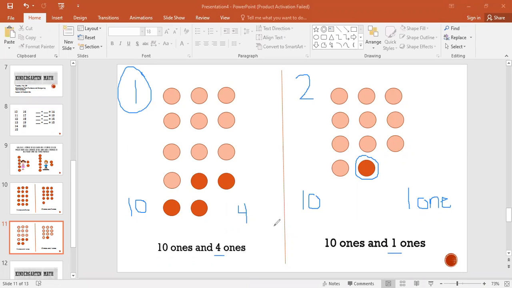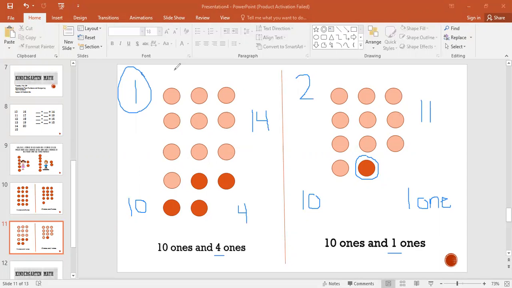Yes, it is. 4 ones is greater than 1 one. So I know 14 is greater than, what number would this be in our teen numbers? 11. Great job. 14 is greater than 11. Say that with me. 14 is greater than 11. Part 1 had more pennies than part 2.